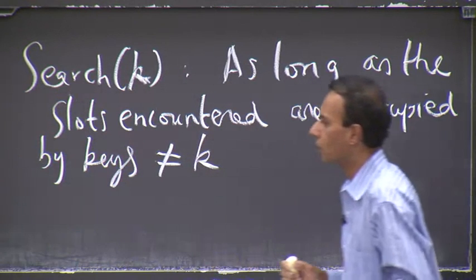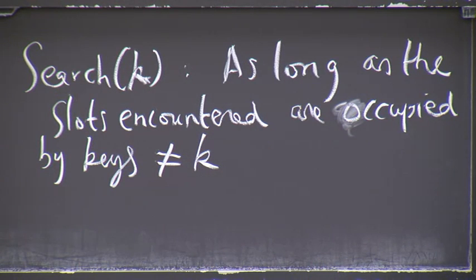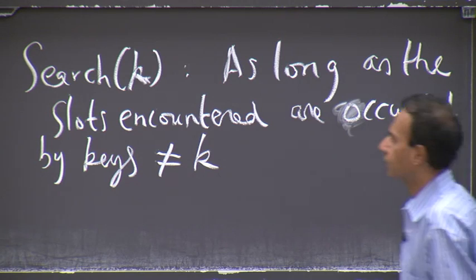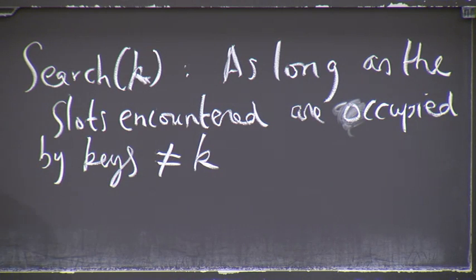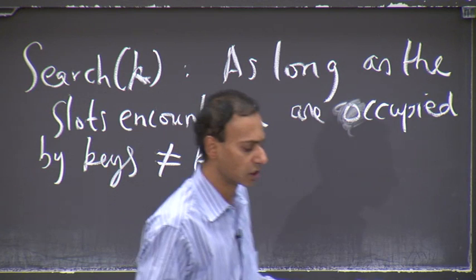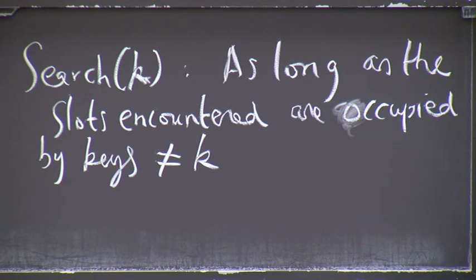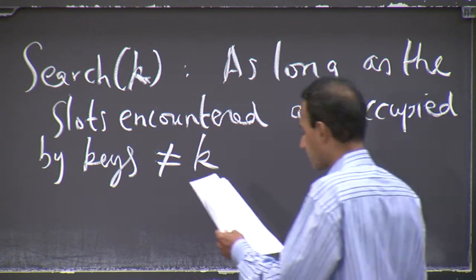So every time you probe, you go in there and you say, I got a key, I found a hash for it, I go to this particular slot, I look inside of it, and I check to see whether the key that's stored inside of it is the same as the key I'm searching for. If not, I go to the next trial. If it is, then I return it. Right? So that's pretty much it.